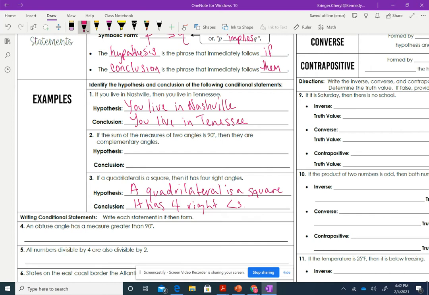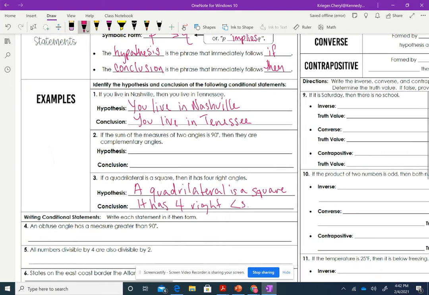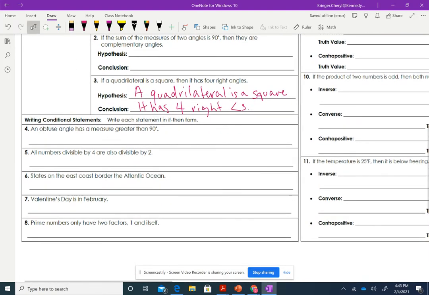We are going to practice writing each statement in if-then form. Number 5 says all numbers divisible by 4 are also divisible by 2. So, if a number is divisible by 4, then it is divisible by 2.